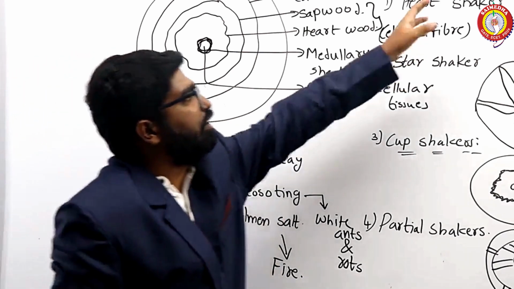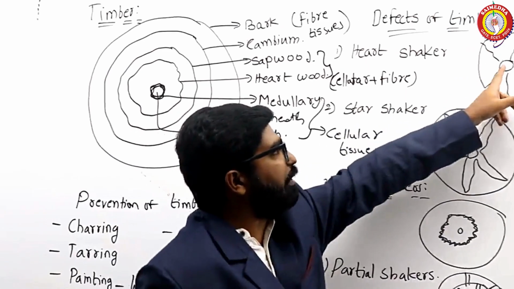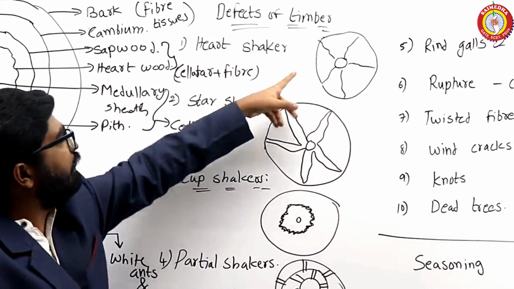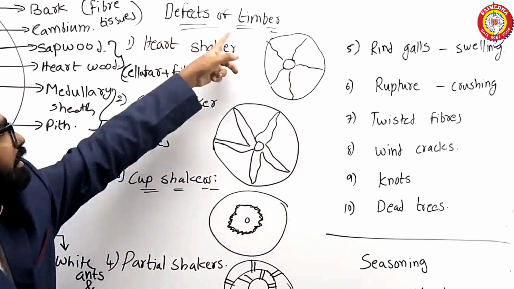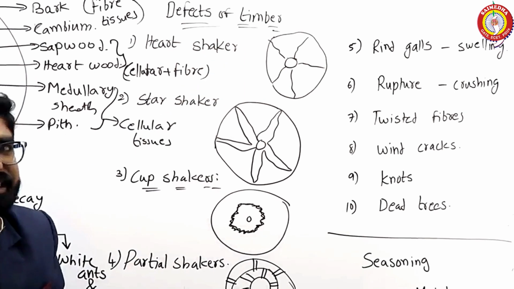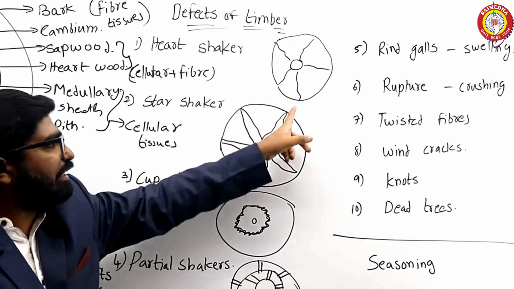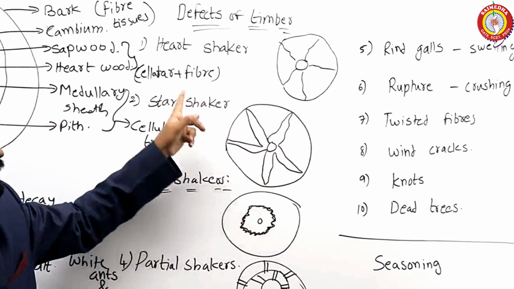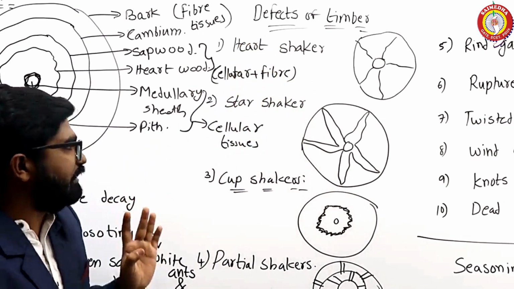And next, moving to defects of timber. A defect or a split which comes from the pith to the external bark is known as a split. If these splits are continuously present, then this defect in timber is known as heart shake. And from the pith to bark, if some star-shaped cracks are forming, then it is known as star shake. So the names are very simple: heart shake and star shake.